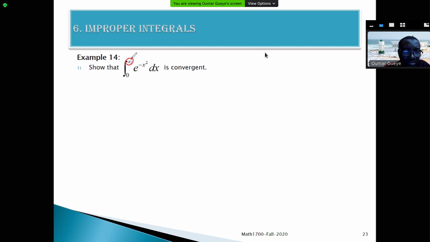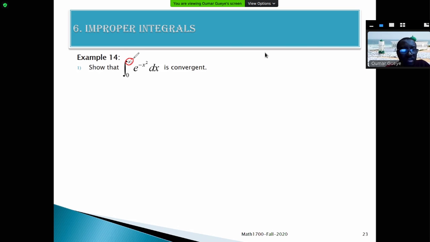Last week, we've seen as soon as one of the limits of your integral is equal to plus or minus infinity, you have an integral of type 1. Type 2 is when you have two real numbers and at one point in the interval of integration, the function is discontinuous.